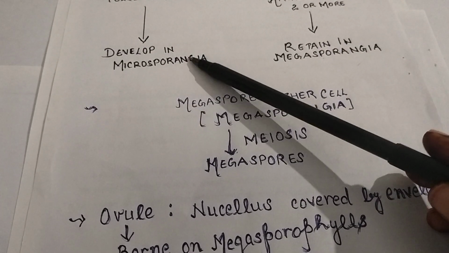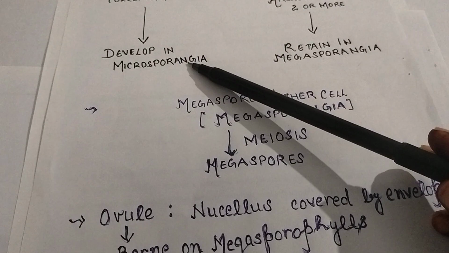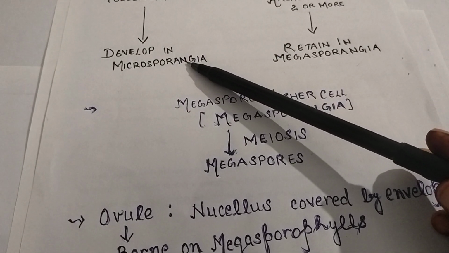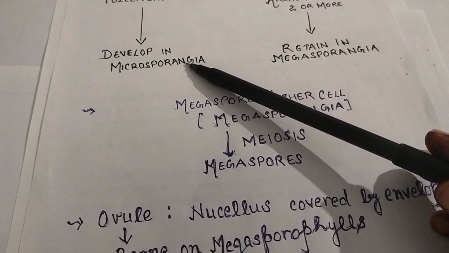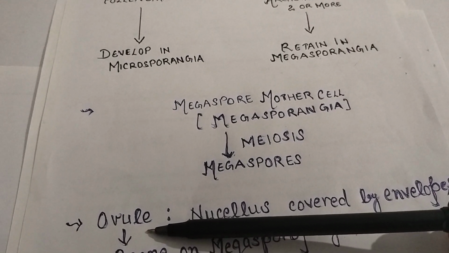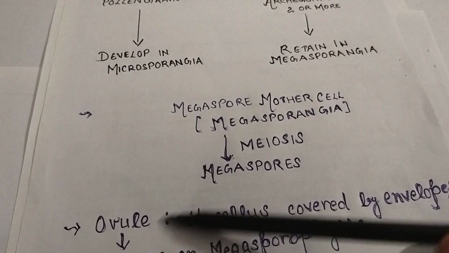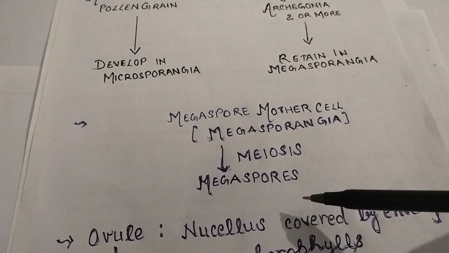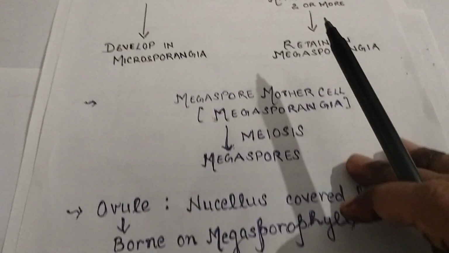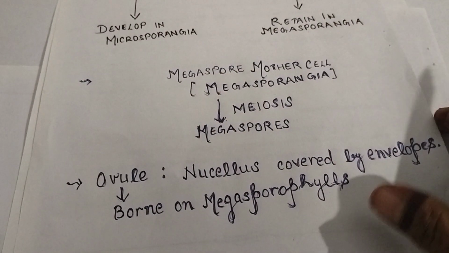So pollen grains will be released from the microsporangium and are carried by the air currents and come in contact with the ovule, at the opening of the ovule borne on megasporophylls. Just now I told you that ovules are present on the megasporophylls.